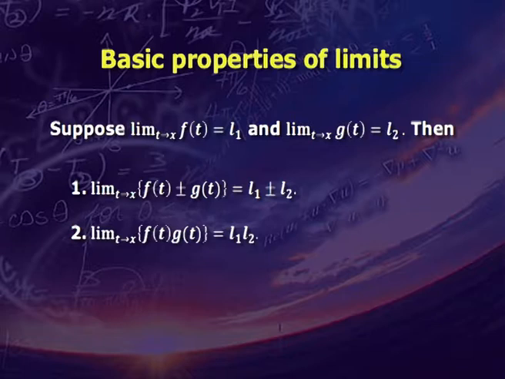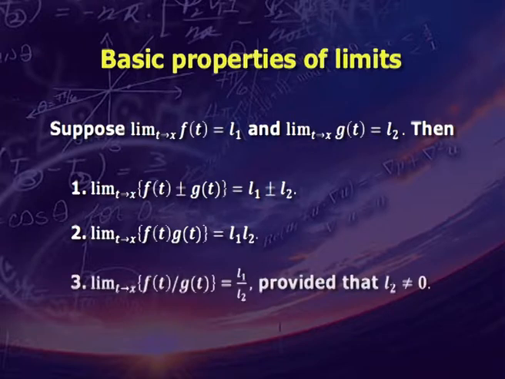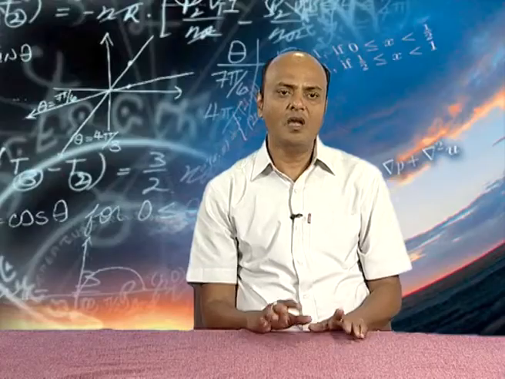The limit of f(t) times g(t) as t goes to x is equal to L1 times L2. 3. The limit of f(t) over g(t) as t goes to x is L1 over L2, provided that L2 is not 0. Note that the first two properties also hold if we have any finite number of functions instead of 2.